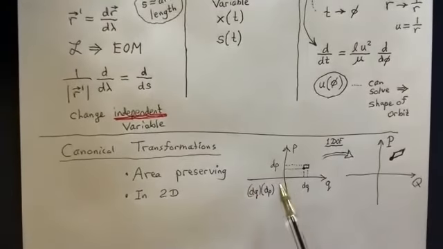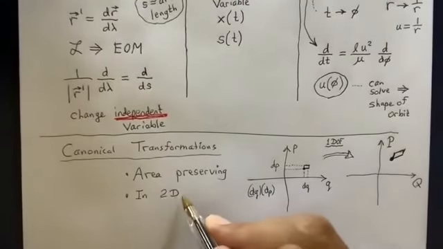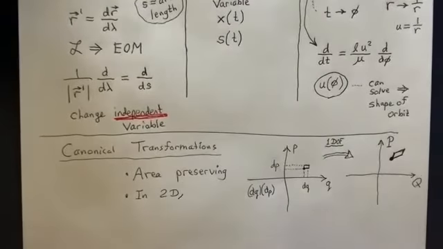Okay, and this is a 2-dimensional example. If you have 1 degree of freedom, it's a 2-dimensional phase space. Area preserving is identical with a canonical transformation.